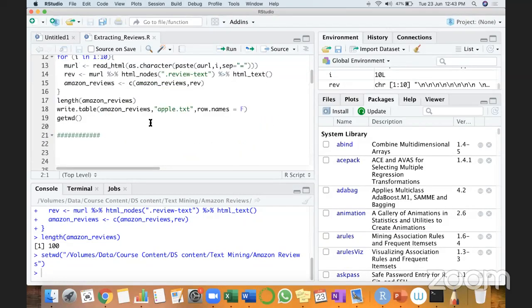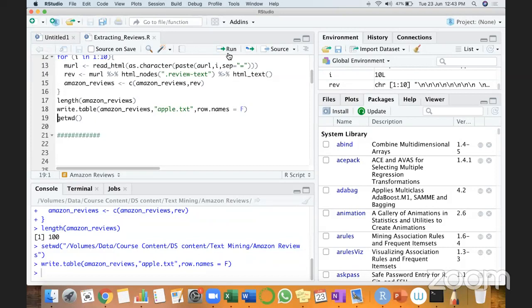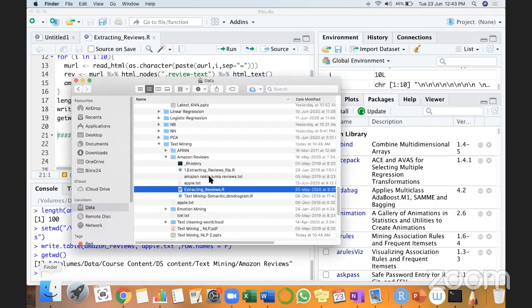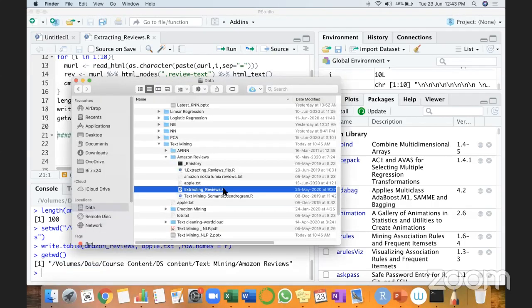Then let me write it to a TXT format. So Amazon reviews, write it to the TXT format. Okay, let me show you this. So this has been saved. And where is that? Text mining, Amazon reviews.